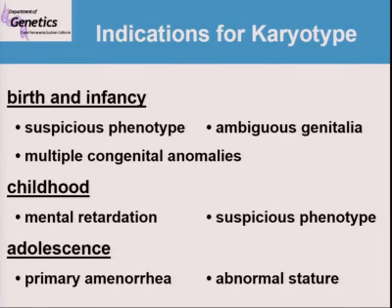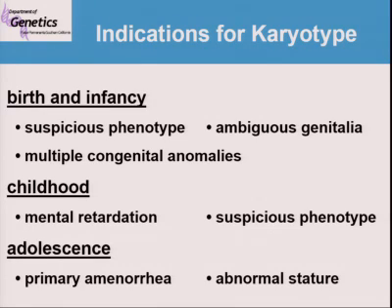Is that a medical emergency? Not so much. Is it a psychological and social and family emergency? It sure is. So you need to resolve that as best you can, bearing in mind that there are many ways to define sex. And the karyotype is not necessarily the one that trumps the others. So it's just another piece of information.